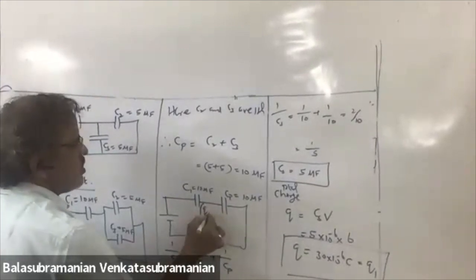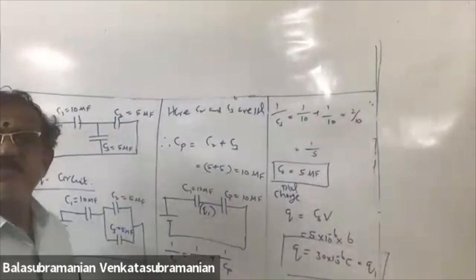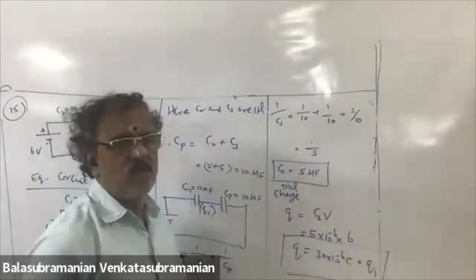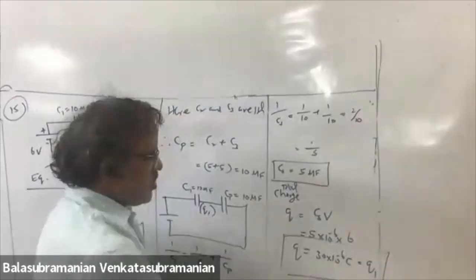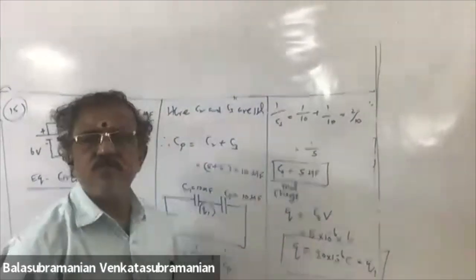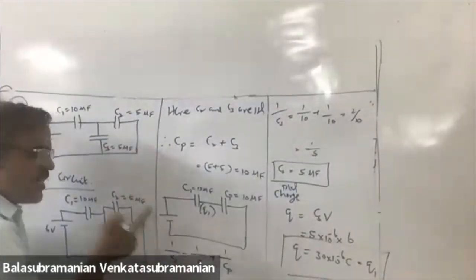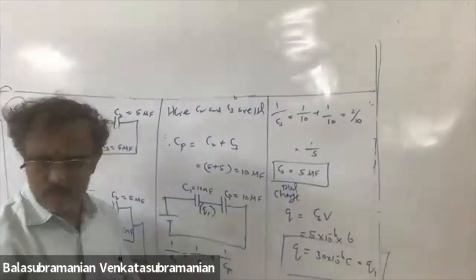In this, the charge is Q1. Same Q1 charge here also. What is the value? That is also 30 microcoulomb. So C2 and C3 together 30 microcoulomb.